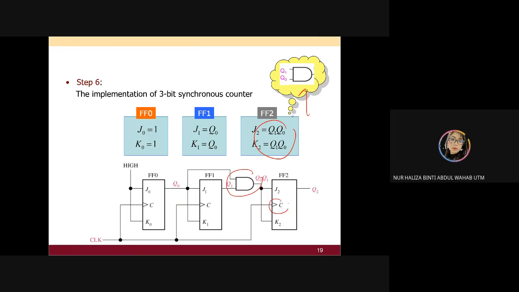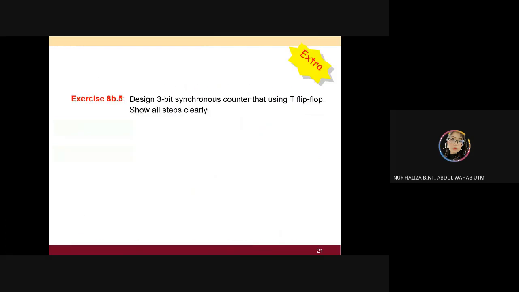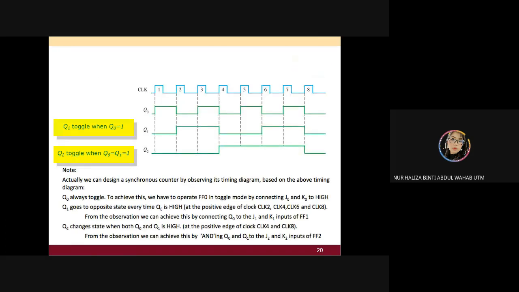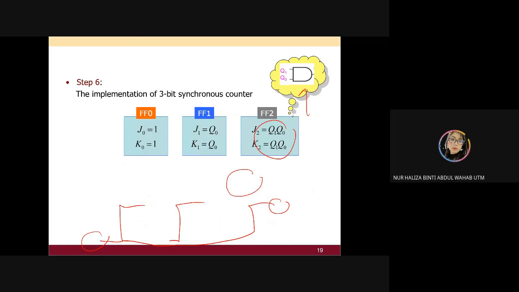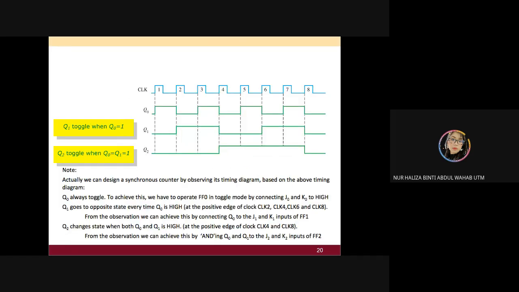And for your clock here, it is connected to the similar clock. This one is the timing diagram. If the question asks you, you need to know how to derive it, looking at the output and also the input.